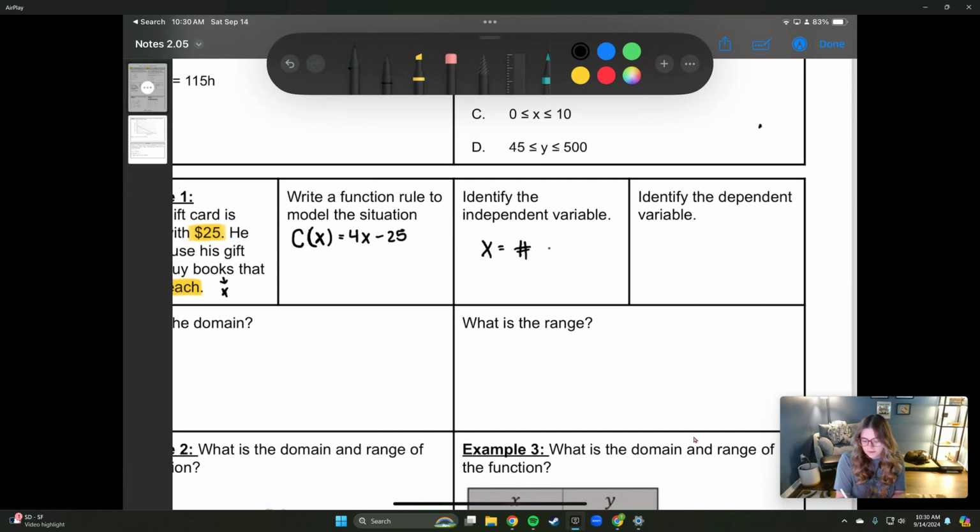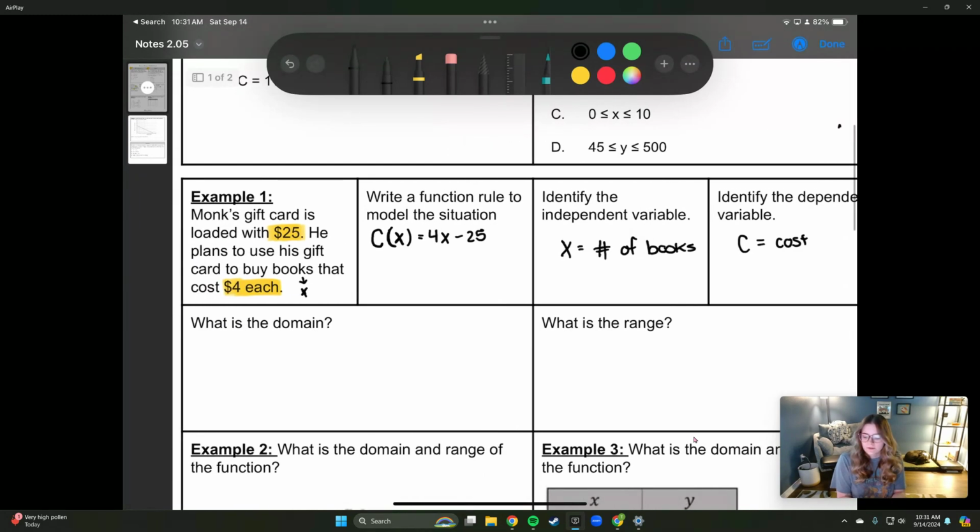X. The number of books. Okay? That's the independent variable. We're going to figure out how many books we're going to get. Now, the dependent variable is going to be the cost, because that's going to change depending on how many books he's going to buy. Okay, does everybody understand why that would be independent and why that would be dependent?